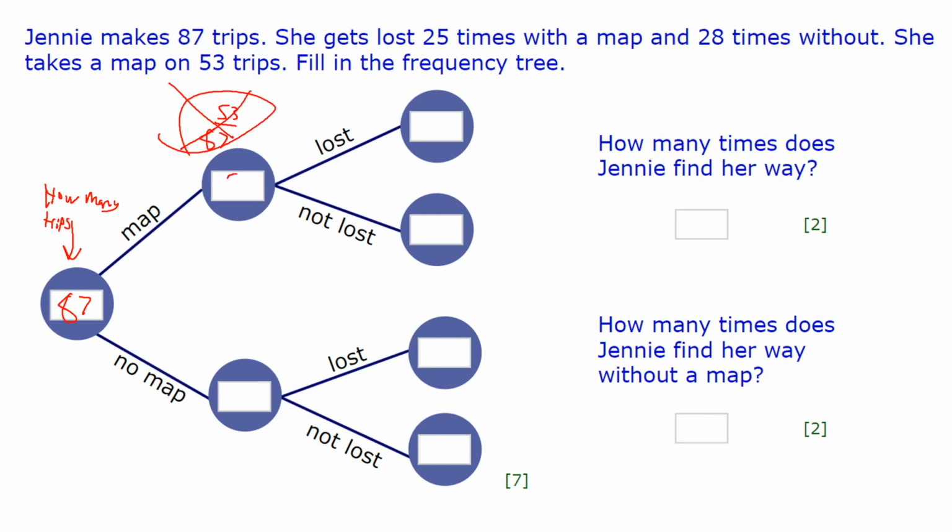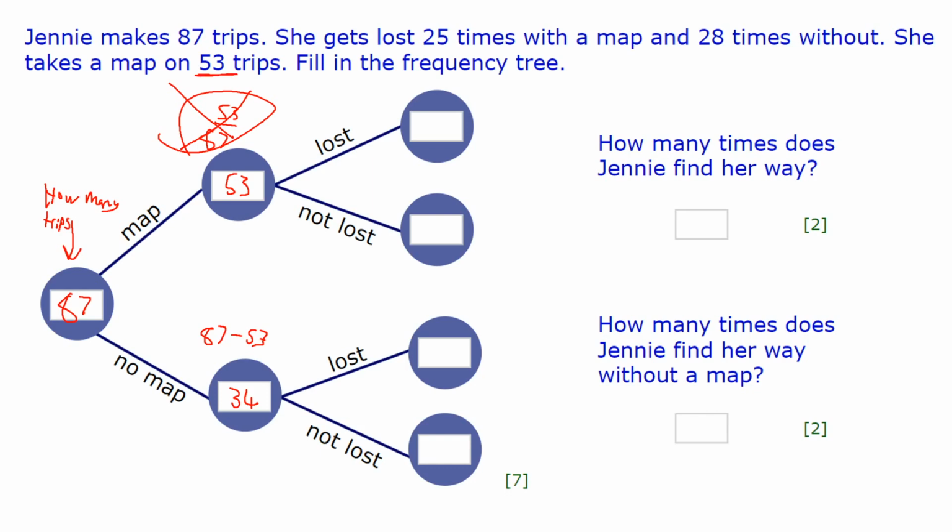It's just going to be 53. If she takes 53, it means that on here it's going to be 87 minus 53, which is equal to 34. Okay? So all we've done is we've split this 87 into 53, which we're given, and 34, which we have to work out.